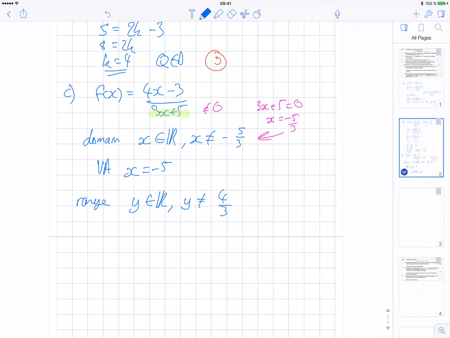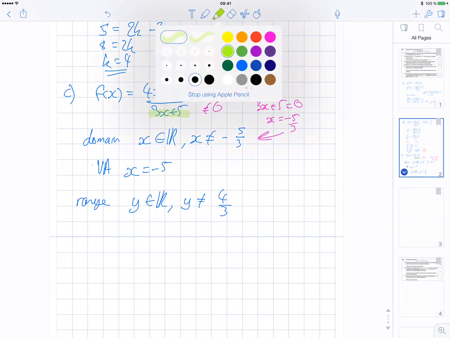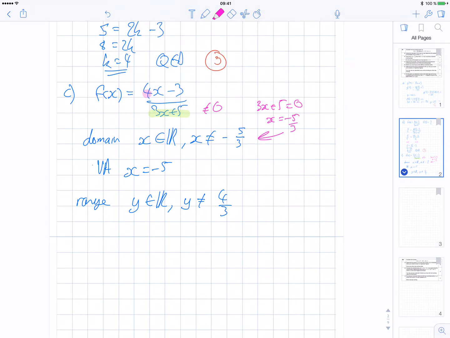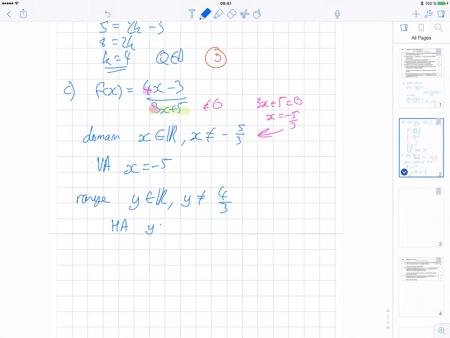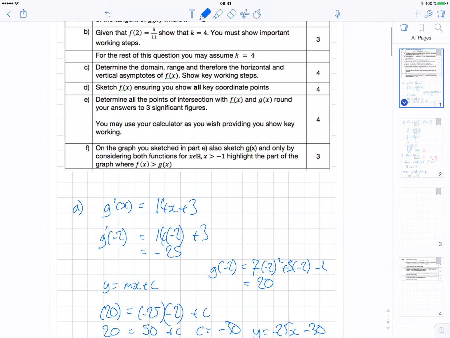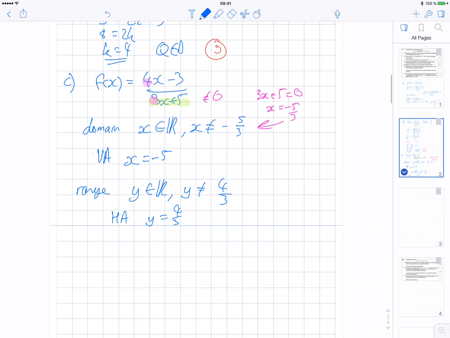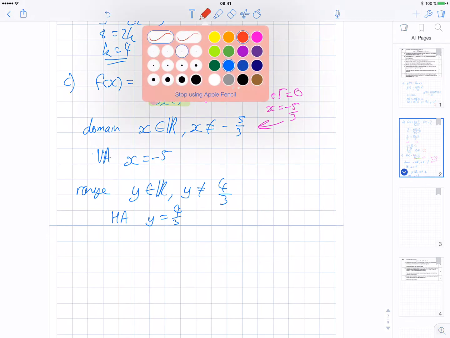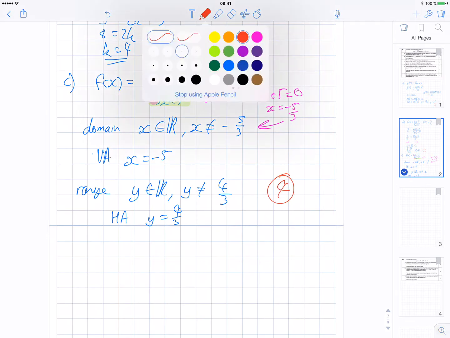I get the 4 from here, I get the 3 from there. And therefore the range gives me the horizontal asymptote, which therefore the horizontal asymptote is y is equal to 4 over 3. And that, I think, is everything I need. Determine the domain, range, and therefore horizontal. Okay, show key working steps. That's 4 marks. Hopefully you found that to be 4 very easy marks.